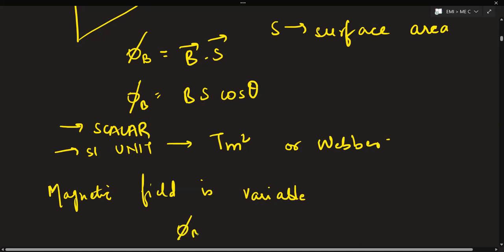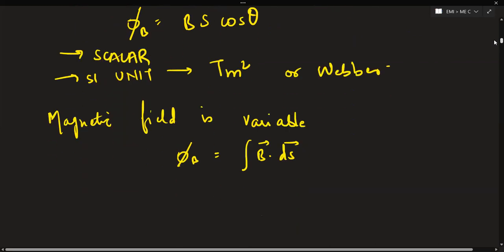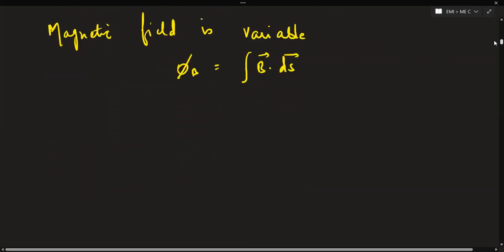Then your phi B, the magnetic flux, will be the integral of B dot dS. Just forget that Gauss law for electricity, where E dot dS is equal to phi, which is equal to q by epsilon. Gauss law in magnetism is a very important question that comes, not for a huge marker, but as a one marker at most.